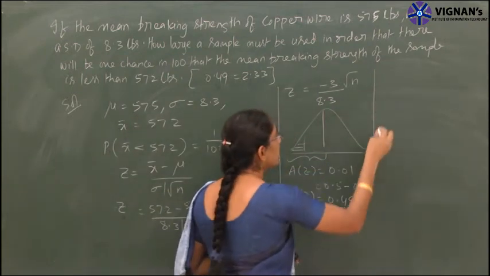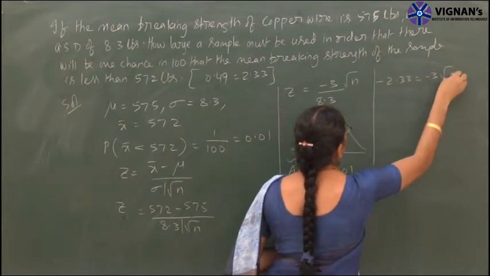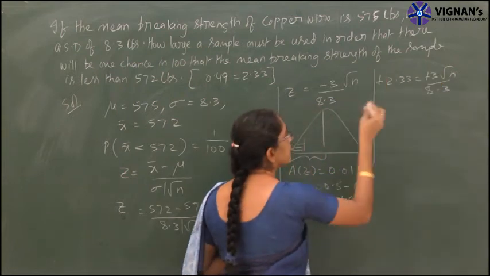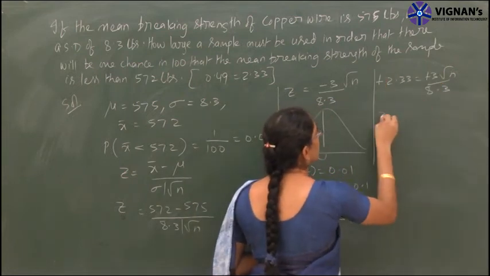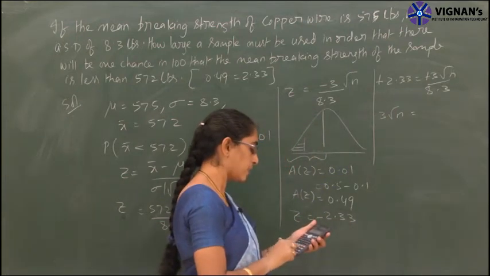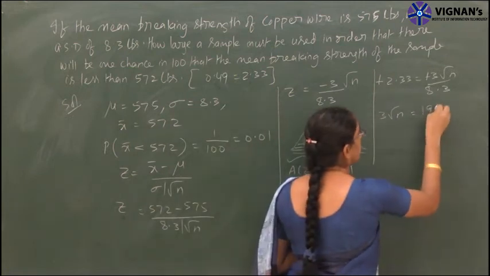So minus 2.33 equal to minus 3 root n by 8.3. Minus minus will get cancelled. So here 3 root n is 2.33 into 8.3, which is equal to 19.33.